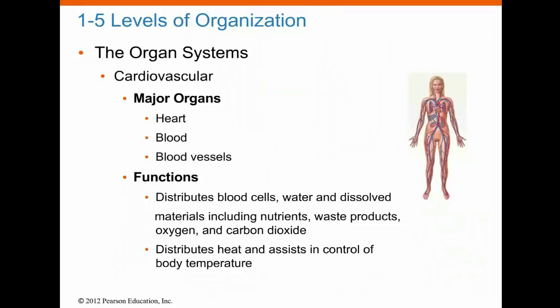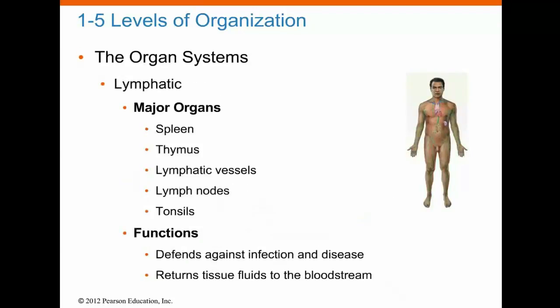The lymphatic organs, which we won't be looking at so much this semester, are the spleen, the thymus, the lymphatic vessels, and the lymph nodes. You can see the lymph nodes are located around the axillary, or underarm, and we have nodes around our head, in our groin, in our abdomen, and around our legs and arms.